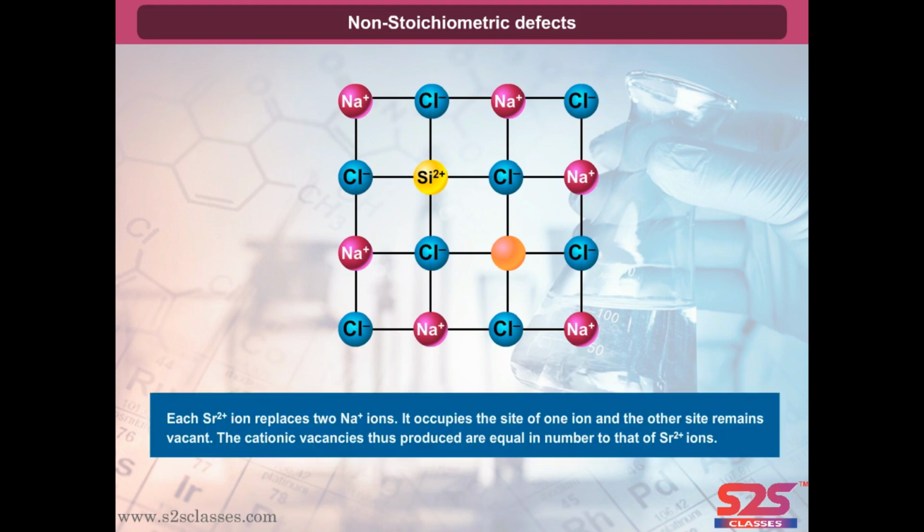Each strontium 2+ ion replaces two sodium plus ions. It occupies the site of one ion and the other site remains vacant. The cationic vacancies thus produced are equal in number to that of strontium 2+ ions.